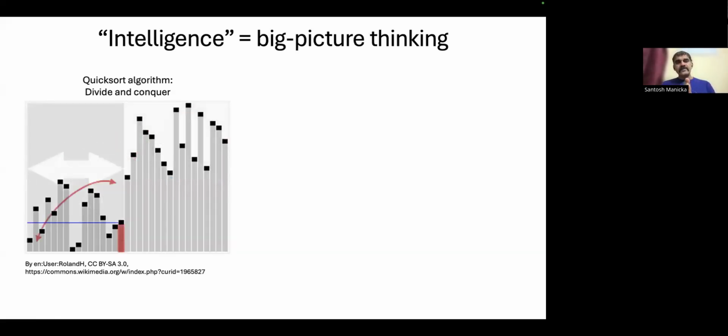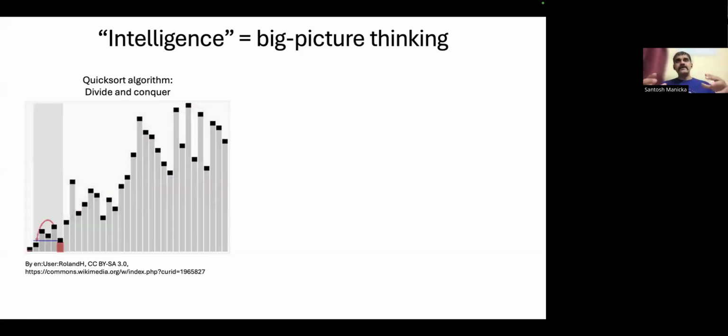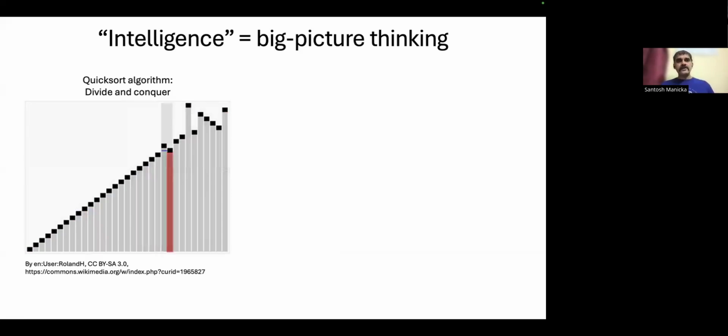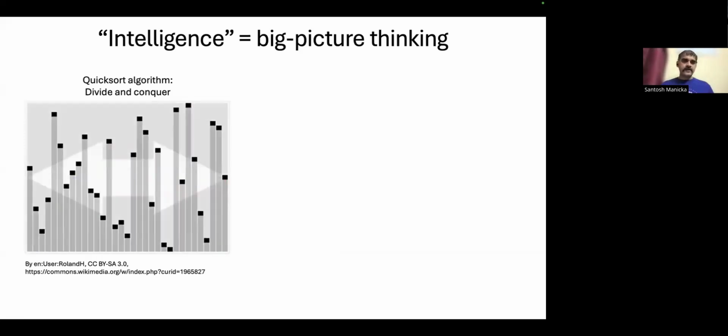The big picture idea that he came up with was this divide and conquer strategy. You have an array of numbers, you partially sort the entire array, and then you divide the array into two, and then you partially sort each of them, and so on and so forth. You keep doing this until you end up with small bits of arrays. You put them together, you get a fully sorted array.